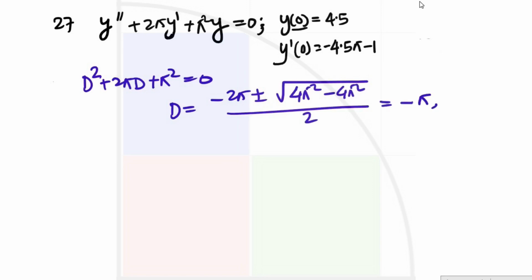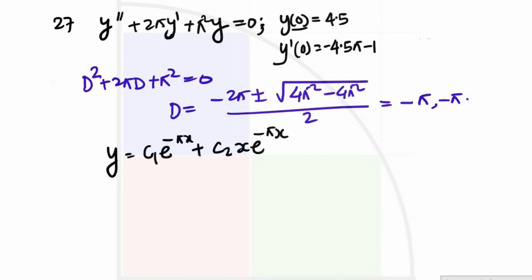So we will have two roots, minus pi and minus pi. So our equation will be what? y is equal to c1 e to the power minus pi x plus c2 x e to the power minus pi x. Okay, to make it linearly independent, we have to write it this way.